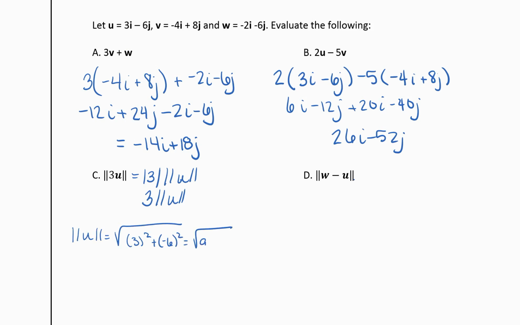The square root of 9 plus 36, the square root of 45, which is, 45 is 9 times 5, so this would be 3 square root of 5. So this would be equal to 9 square root of 5.